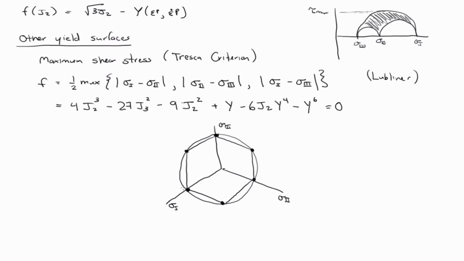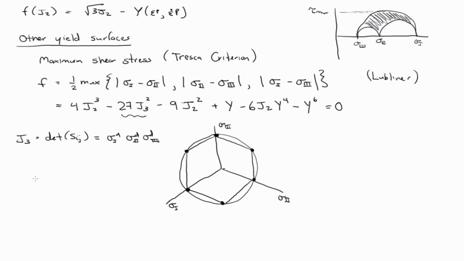So the Tresca model has a shape that looks like this, right? And a couple of things you'll notice, I meant to point this out. If you look at the yield surface, and now it's not just a function of J2, it has this J3 term in it. Well, J3, right, is the determinant of Sij, the determinant of the deviatoric stress, which would be equal to the product of the principal stresses of the deviatoric stress tensor, right?